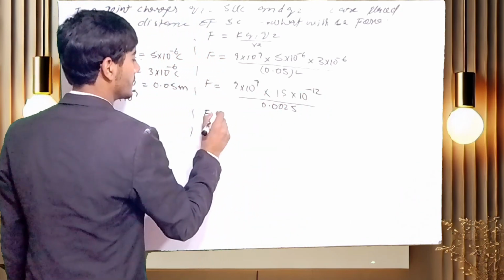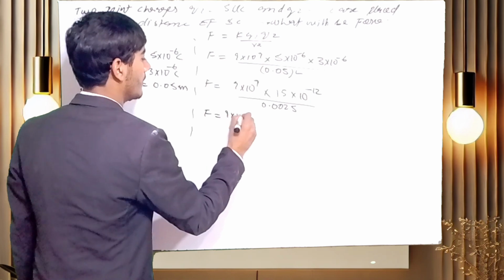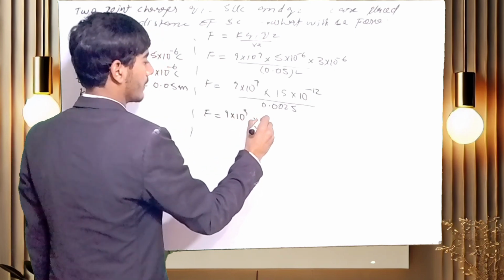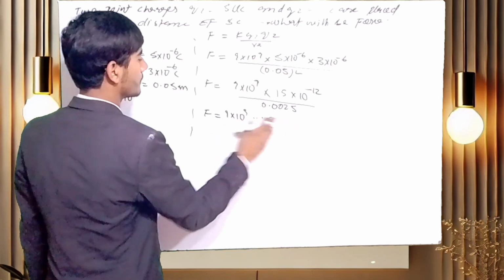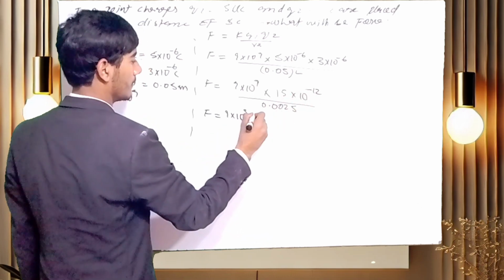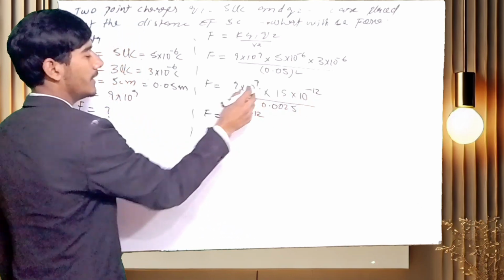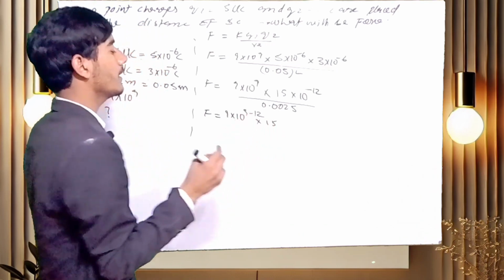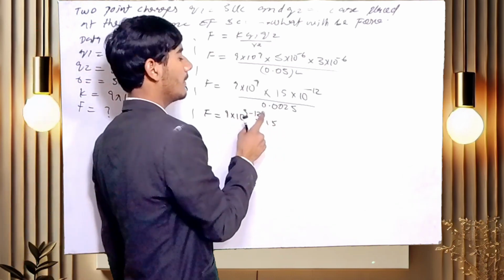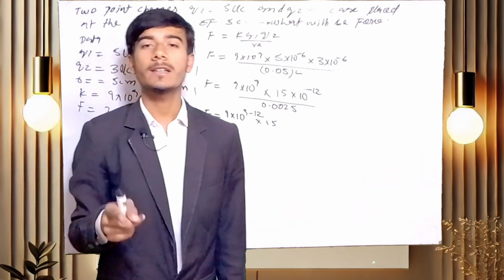Now F is equal to 9 into 10 power 9 into 15 into 10 power minus 12. Now I am subtracting, because the bases are the same. If I subtract 9 from minus 12, the answer will be minus 3.